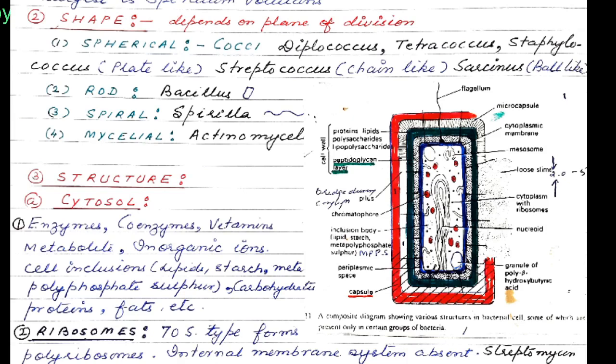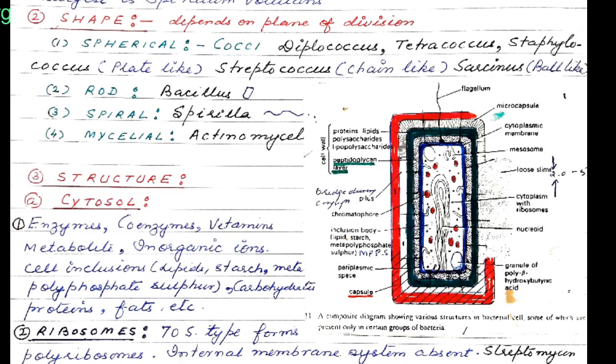The mesosome is also a very important structure in bacteria, in the sense that it serves the purpose of mitochondria. All the electron transport activities are performed by the mesosomes.